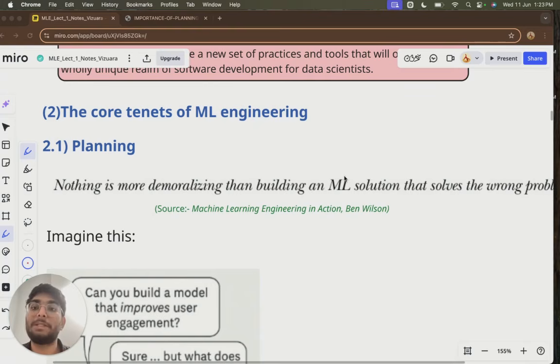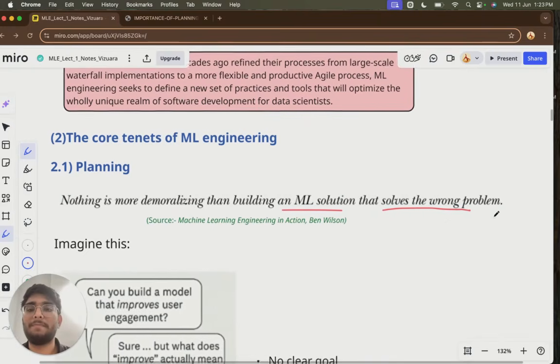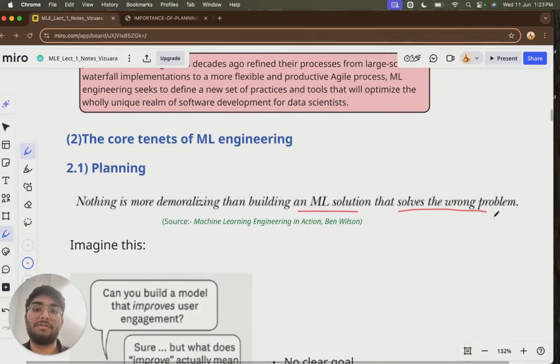Let's start with planning. Nothing is more demoralizing than building an ML solution that solves the wrong problem. Imagine if you are given a problem and you assume it wrong. You've developed the best solution, invested time, invested resources.